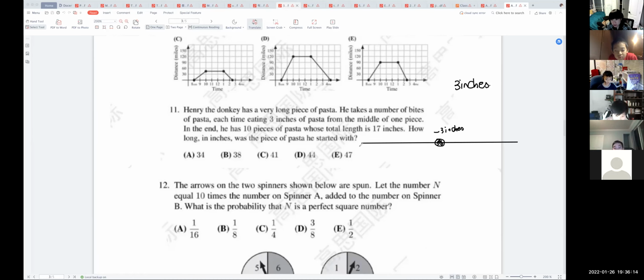And at the same time, this pasta became from 1 to what? 2. 对不对？你吃一口，一条就变成2条了。他从中间开始吃，减了3。第二次他又吃，又减去3 inches.